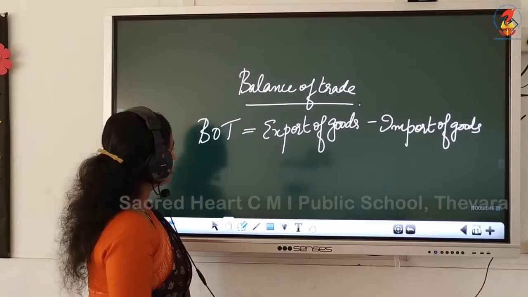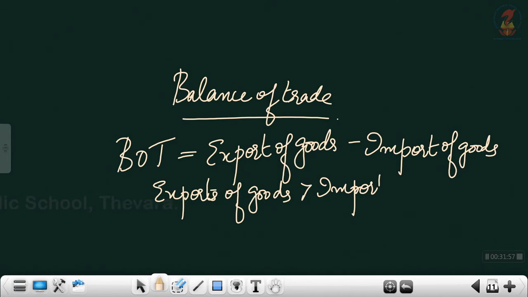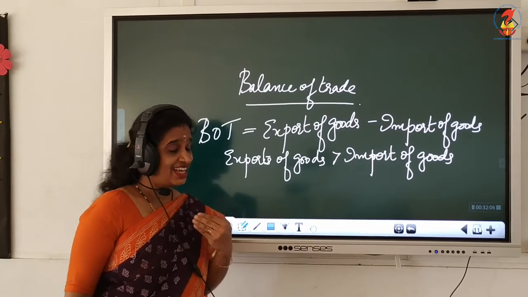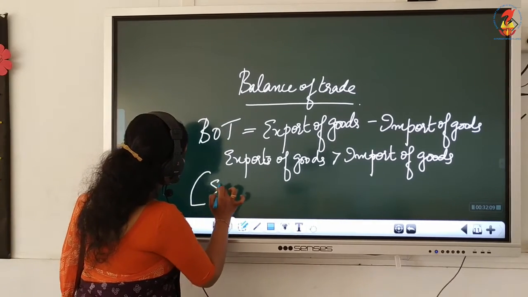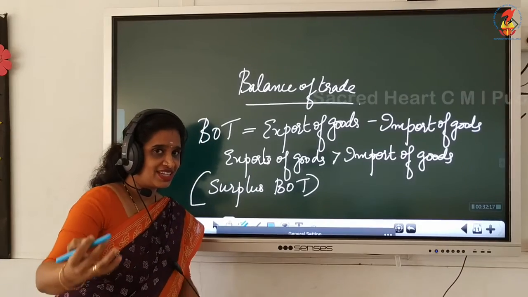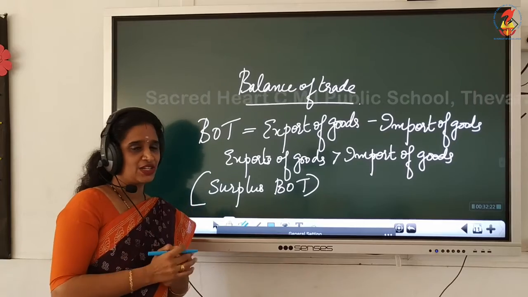Now, sometimes we can find export of goods greater than import of goods. If export of goods is greater than import of goods, that is a positive sign, right? And therefore we can term it as surplus balance of trade. Because when we are exporting goods, there will be inflow of foreign exchange. Therefore there is a surplus of balance of trade.